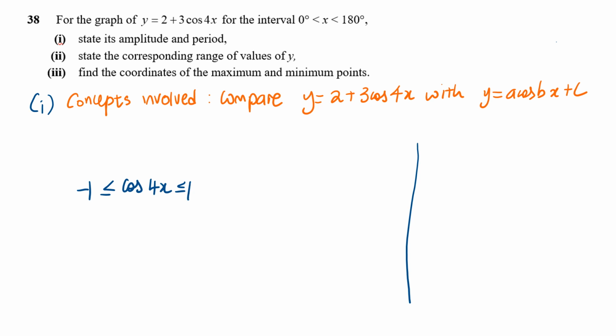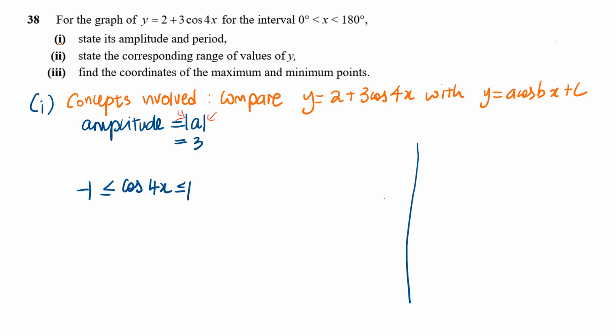Okay, I put a modulus sign there because, like I mentioned earlier on, your A can be a negative value. If you're given the inverted curve, then it's a negative value. But because amplitude is always a positive value, we want to take the modulus. Those 2 vertical lines basically just convert any negative number into a positive number.